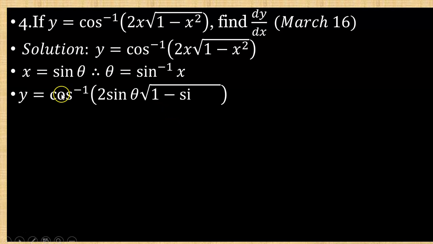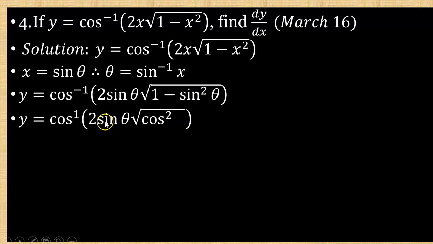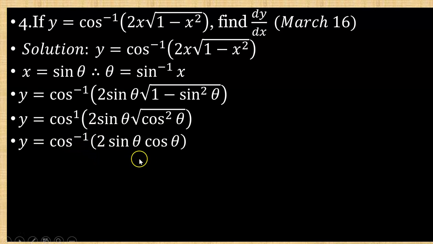That's why y equals cos inverse of 2 sin theta times the square root of 1 minus sin square theta. But what is 1 minus sin square theta? It is cos square theta. That is 2 sin theta times the square root of cos square theta, then you will get cos theta. That is the cos inverse of 2 sin theta cos theta, that is the cos inverse of sin of 2 theta.